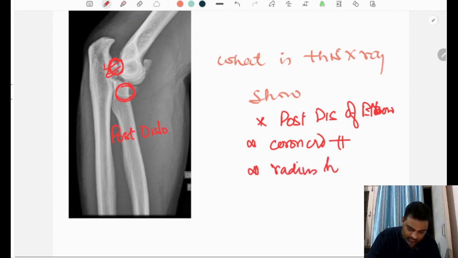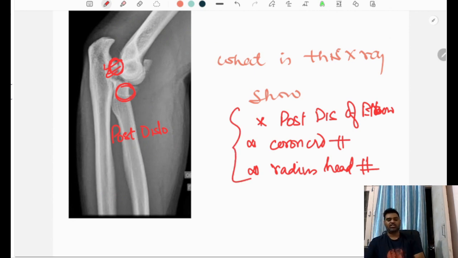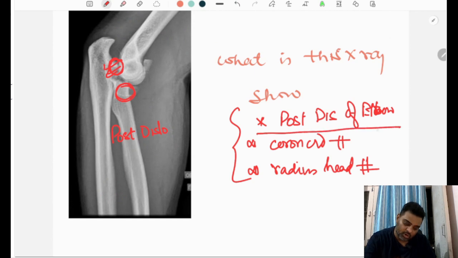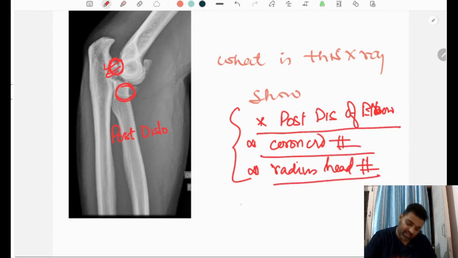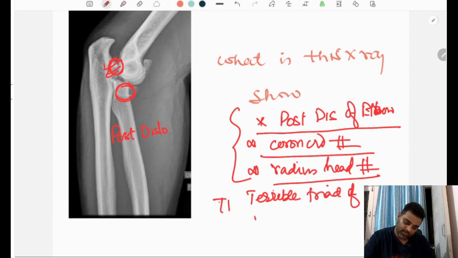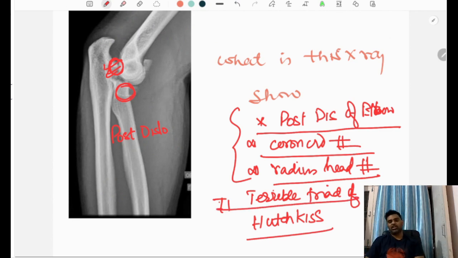So these three things are present: posterior dislocation of the elbow, coronoid process fracture, and radial head fracture. This is known as the terrible triad of Hotchkiss. This is the worst kind of injury that a person can have around the elbow.